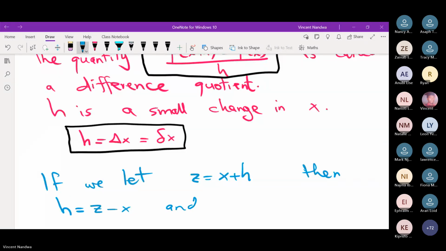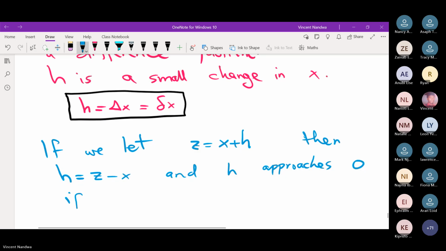And h approaches 0 if and only if z approaches x. So if z equals x plus h, or h equals z minus x, what happens when h tends to 0? z will be approaching which value?